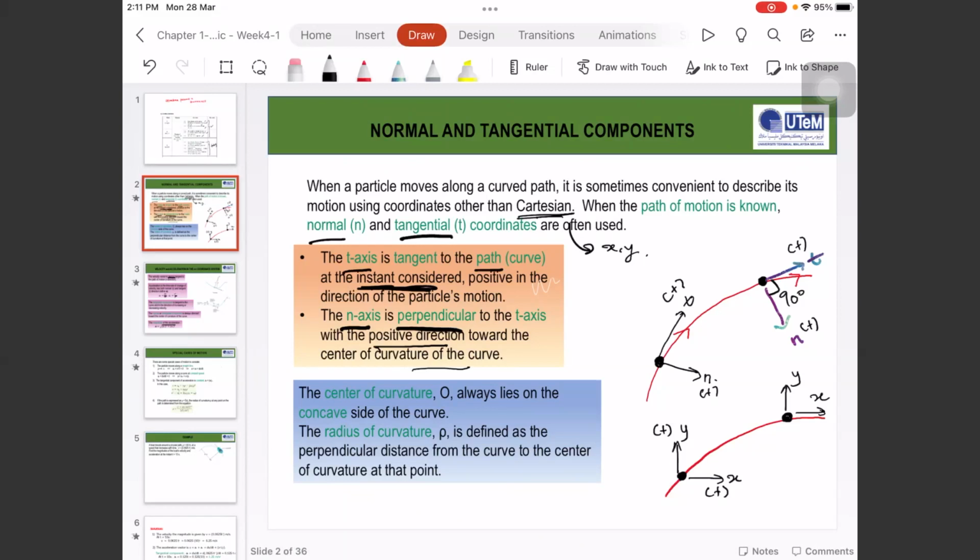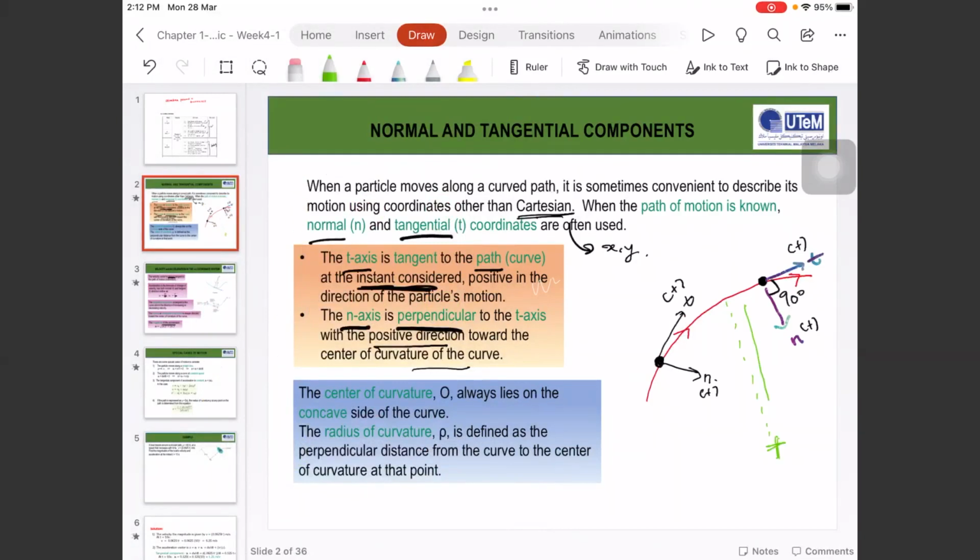The radius of curvature rho is defined as the perpendicular distance from the curve to the center of curvature at that point. So this curve, you have a radius. For each curve you have a radius. Let's say the radius is here, jari-jari.